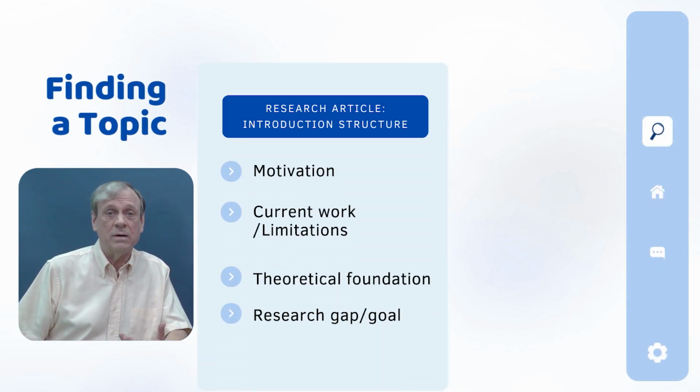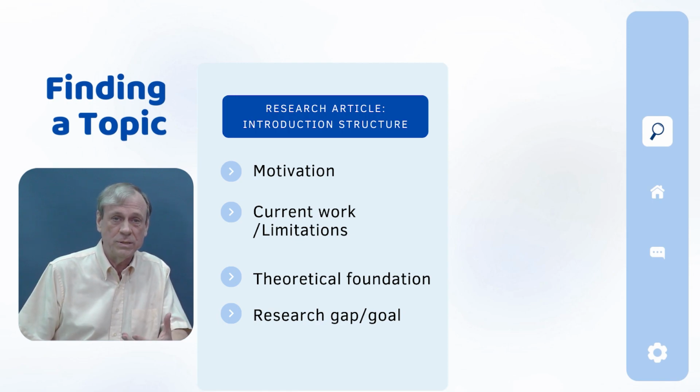And again, you may wonder, why do I need to think about this? Well, if you look at the structure of an introduction of most research articles, it includes the motivation for doing the research, the current work and the limitations of that work, the theoretical foundation the work is built on, and then the research gap or goal.